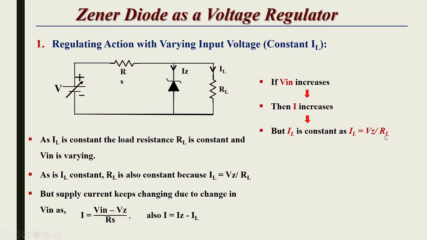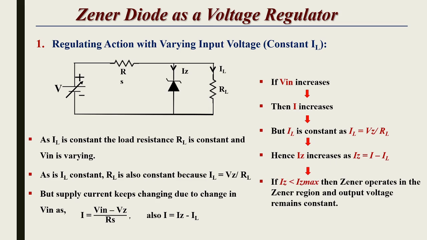As the value of RL is constant, IL is constant. Hence Iz increases. As the input current changes and IL is constant, that's why Iz will increase. Iz is nothing but the current flowing through this Zener diode.